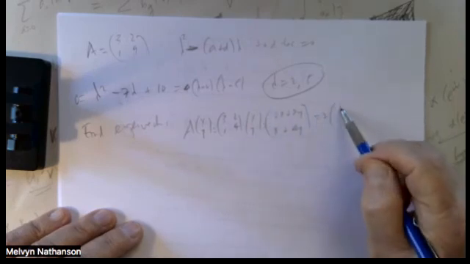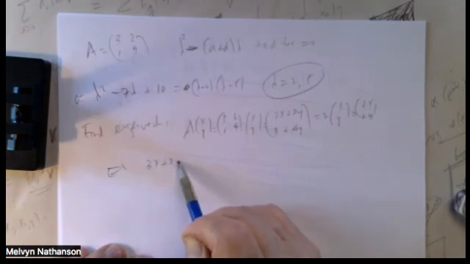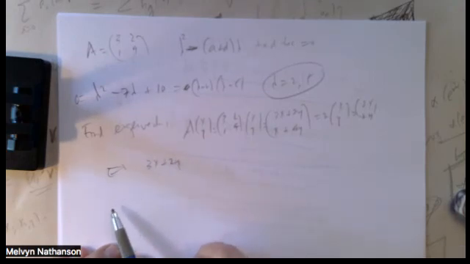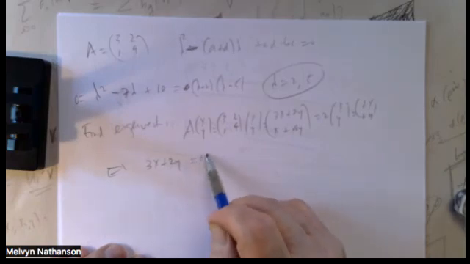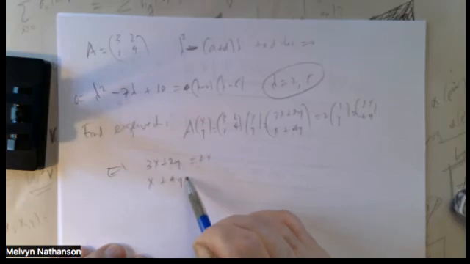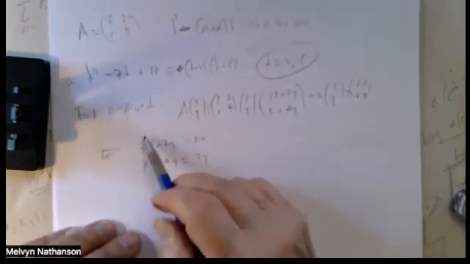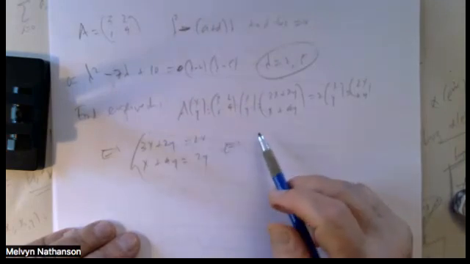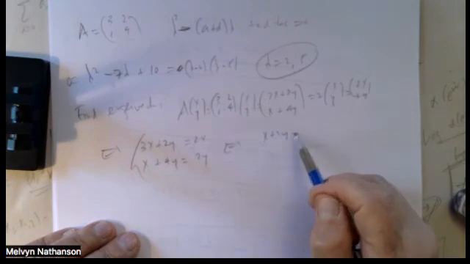That's going to equal 2xy, or 2x, 2y, if and only if 3x plus 2y equals 2x, x plus 4y equals 2y, which is the same as saying x plus 2y equals 0.